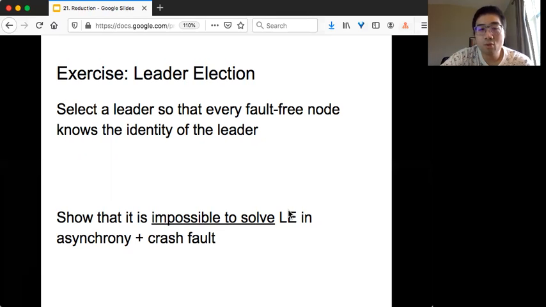What it tries to do is select a leader so that every other node that has not failed yet will know the identity of the leader. The key thing I want you to show is that it's actually impossible to solve leader election in an asynchronous system if you have a crash failure.